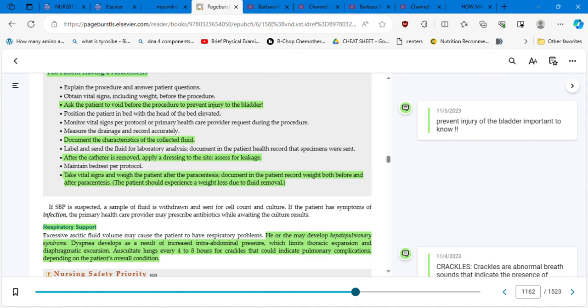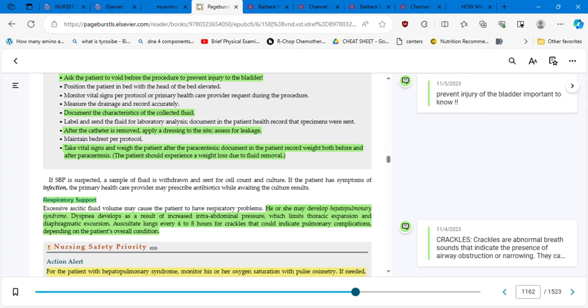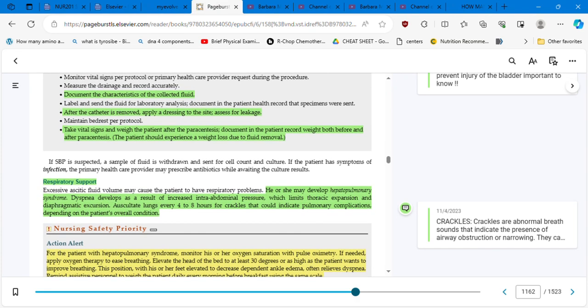Okay, so that's a very important factor to know. Document the characteristics of the collected fluid. After the catheter is removed, apply a dressing to the site and assess for leakage. Common sense: take vital signs before and after the paracentesis.